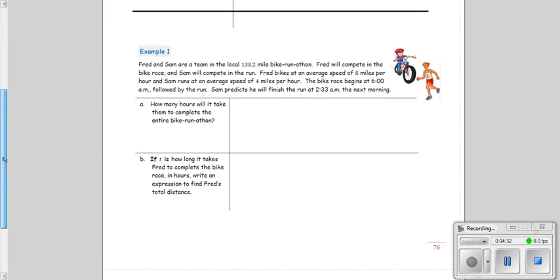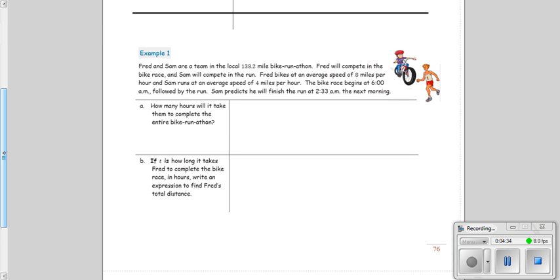The next morning. So let's write down what we know. We know the total amount of miles ridden is 138.2. We know that that is made up of biking and running. We know that the team is made up of Fred and Sam. And Fred is riding the bike, and Sam is running.